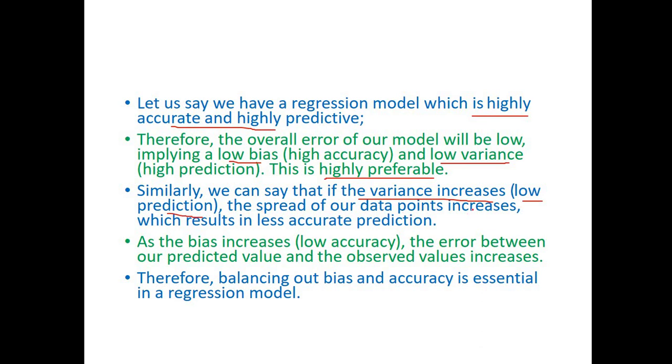The spread of our data points increases, which results in less accurate prediction. Similarly, as the bias increases, the error between our predicted value and the observed values increases. Therefore, balancing out the bias and variance is essential in a regression model. Low bias and low variance is the preferred combination in a regression model.